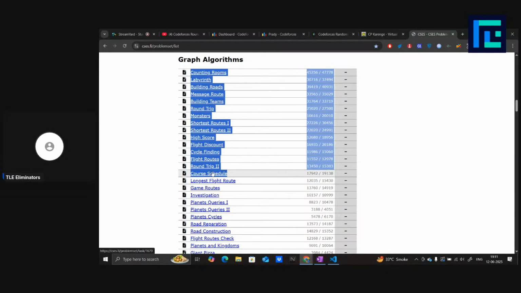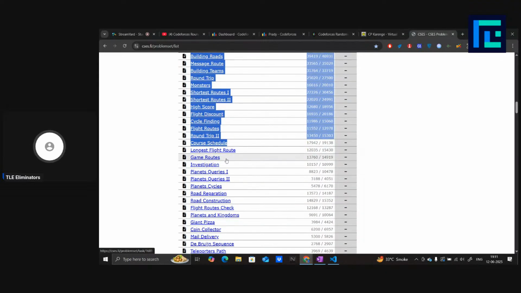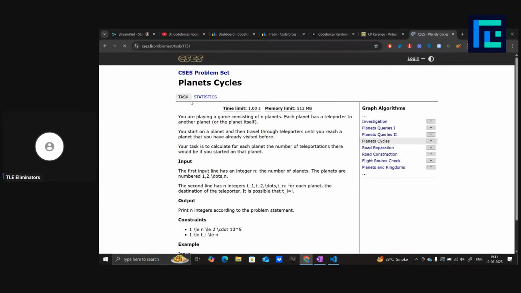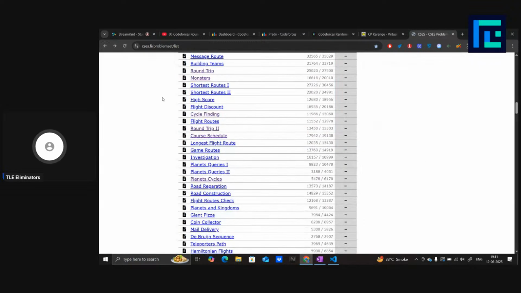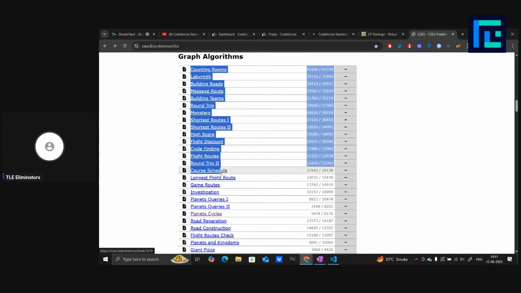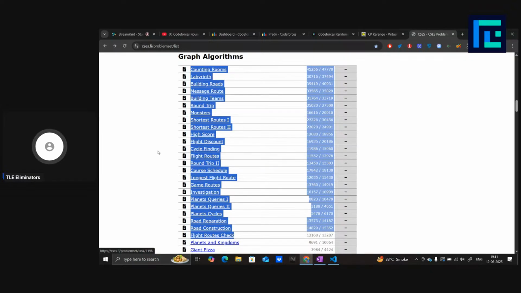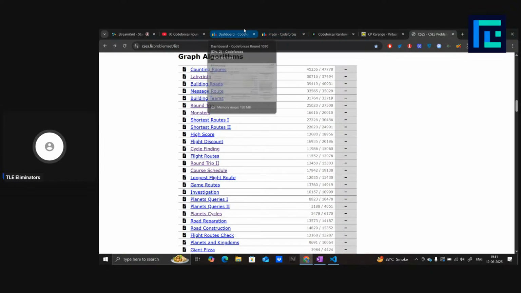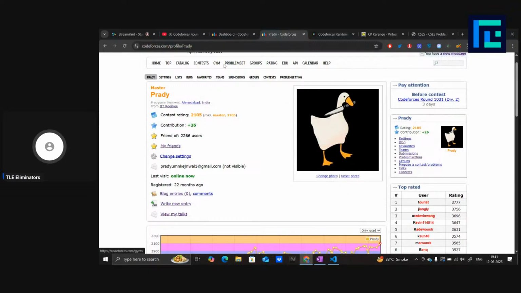After that, it is pretty advanced. Basically, these are all different concepts, these different problems are different algorithms of graph. So whatever you have studied, just solve that in CSES, and then again, I think you know what I'm going to say to you.